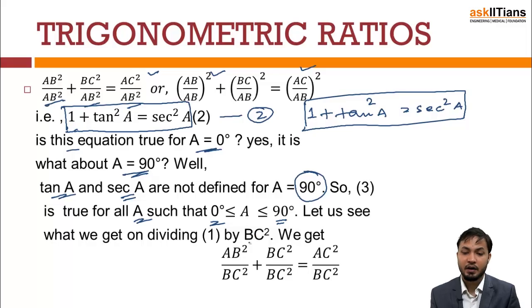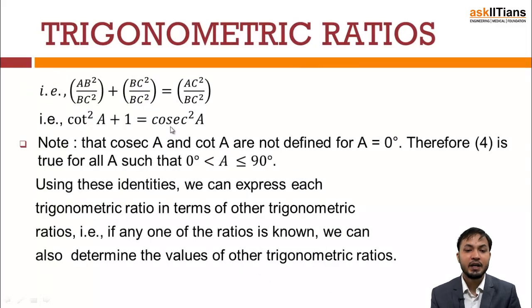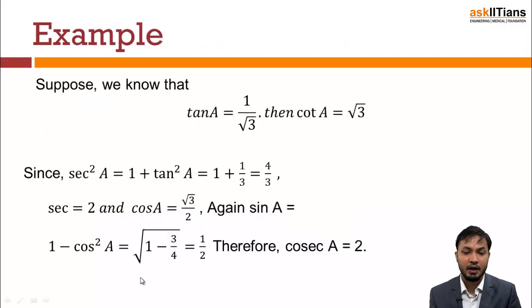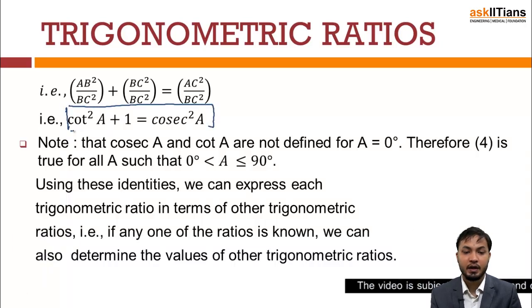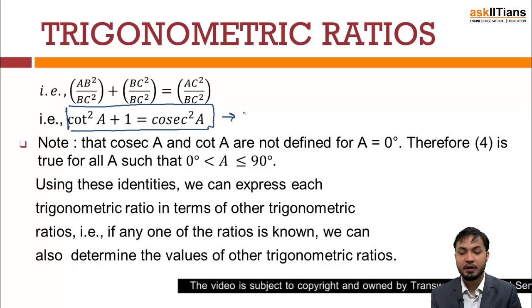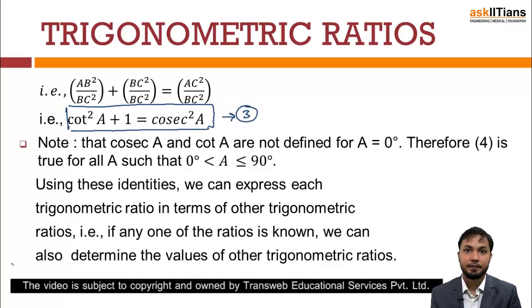Let's say if I define this again, when I divide the ratio by the third side, I will have cot square A plus 1 is equal to cosec square A, which is my third identity.